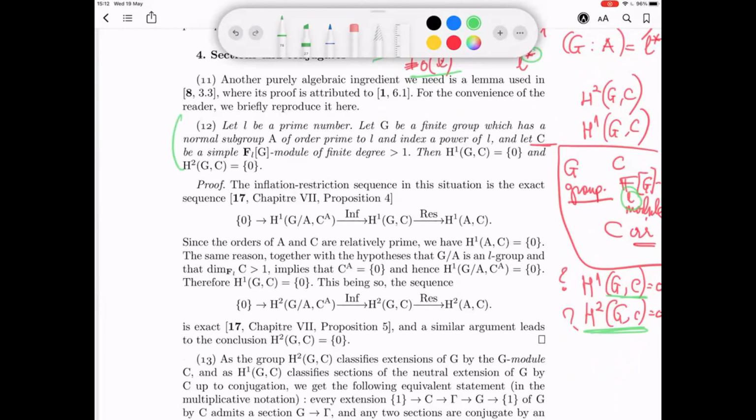I've explained what the difference with Schur's lemma is.